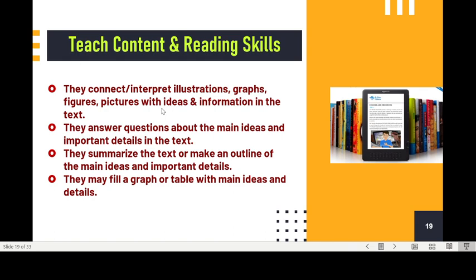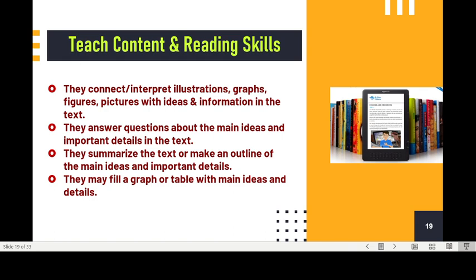Also, since the students are engineering major, textile industry major, chemistry, for sure the texts are usually accompanied by illustrations, pictures, graphs, figures. So the students need to interpret and understand, and connect the illustrations, the graphs, the figures, the pictures with the written text, the information in the text.